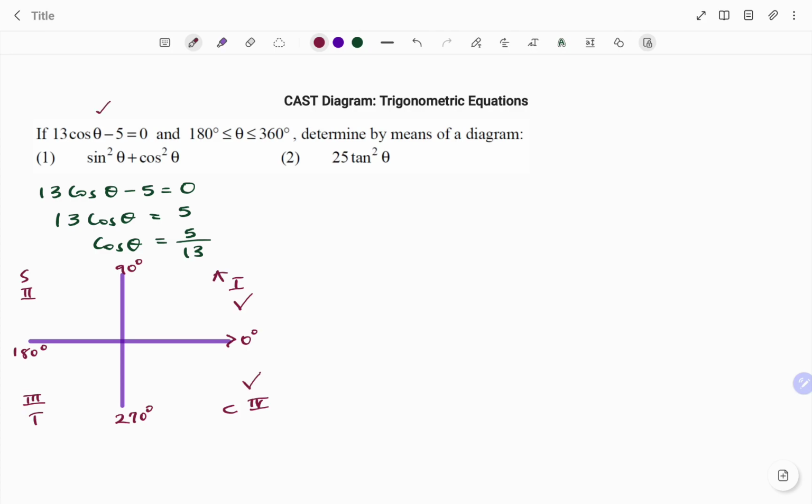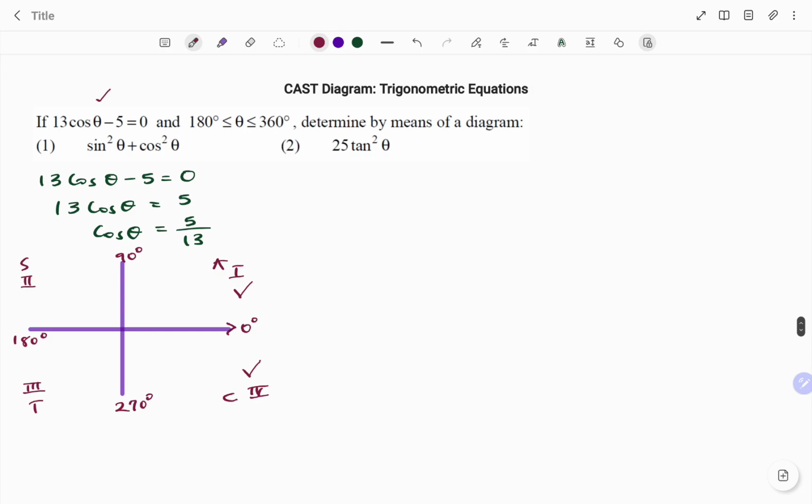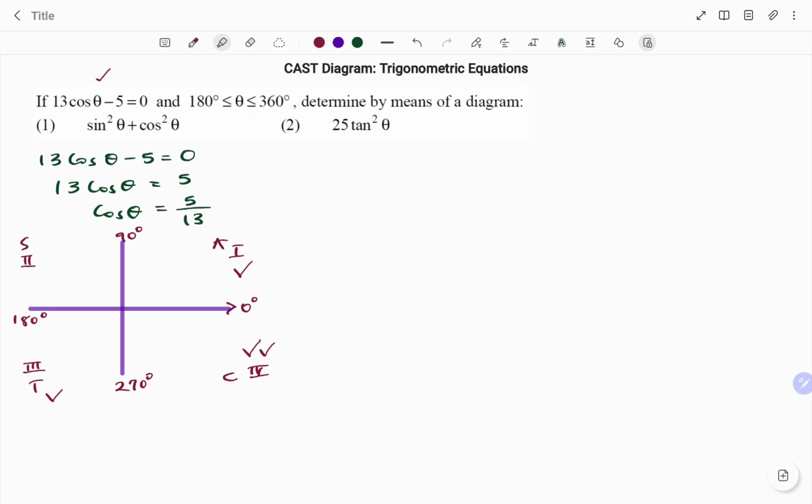Then we need to fulfill the second condition. The second condition says theta must be greater than 180 but less than 360. We have that in the third quadrant and the fourth quadrant. Note that what this means is we have the two conditions fulfilled in the fourth quadrant.